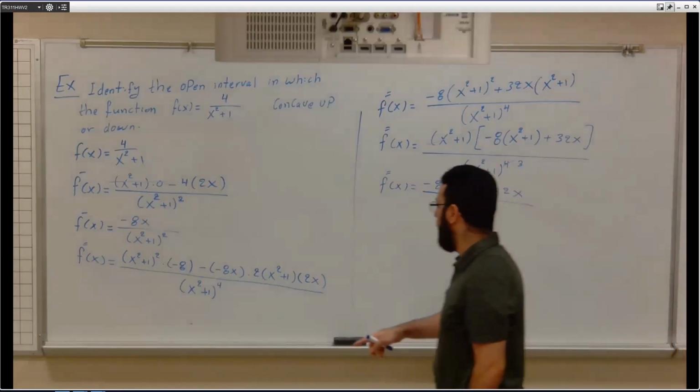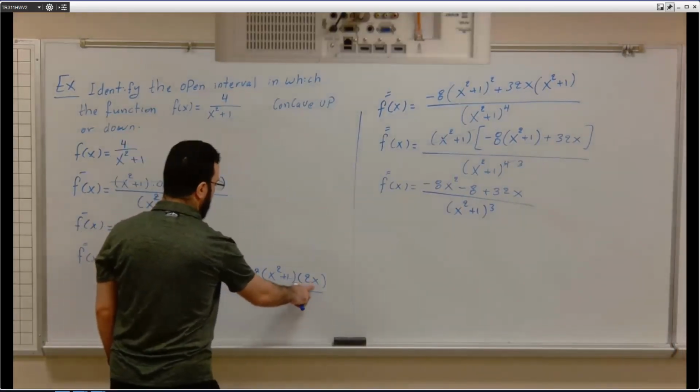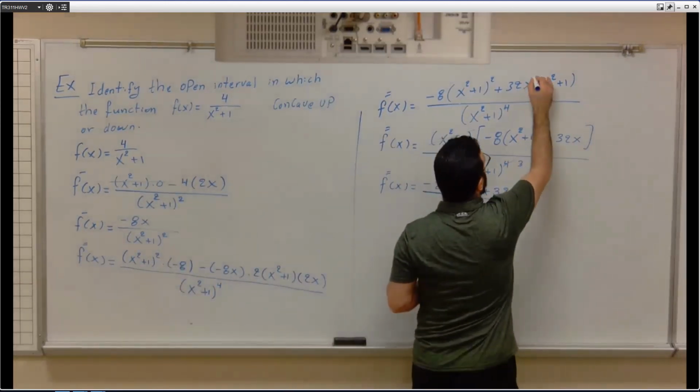So when I multiply here, -8x times x is x squared. So this one is 2.